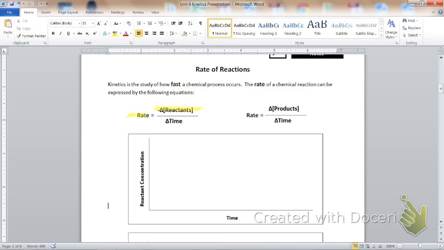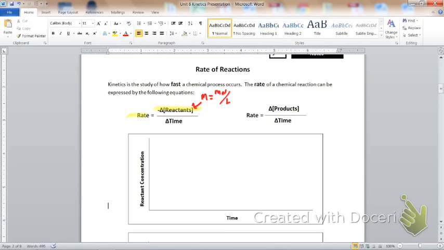Now, these brackets that you see here indicate molarity as a concentration. And of course, molarity is the number of moles per liter of solution. So whenever you see brackets like that, we're talking about molarity concentrations.